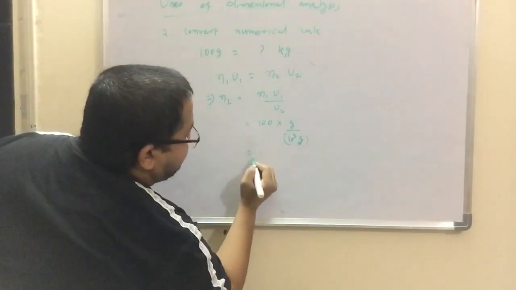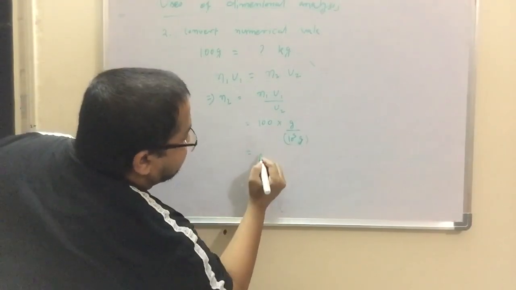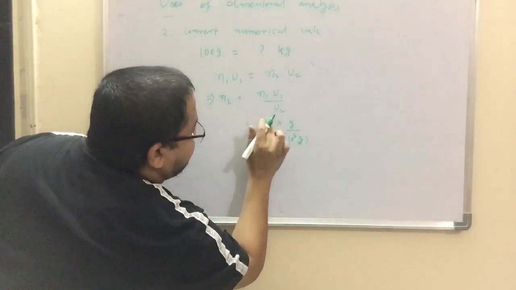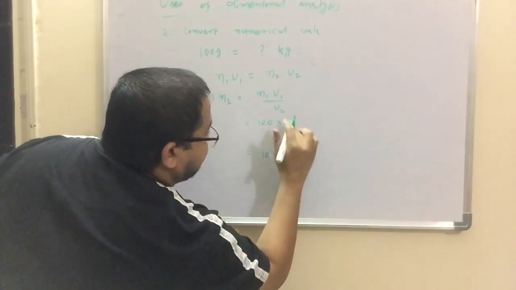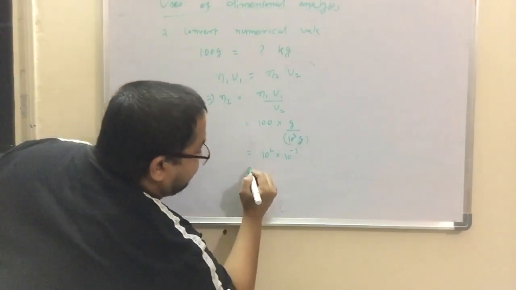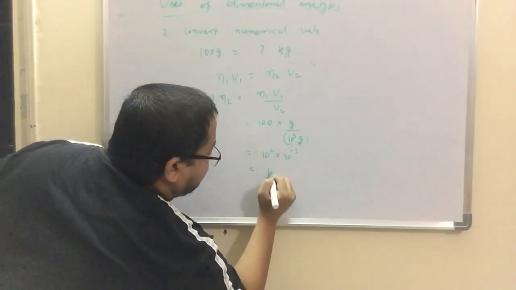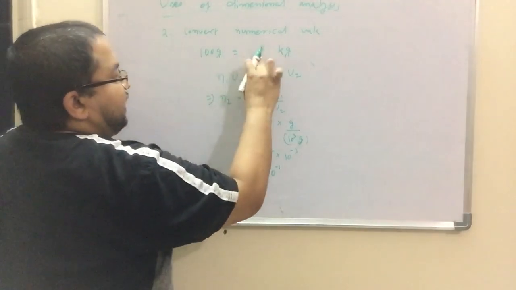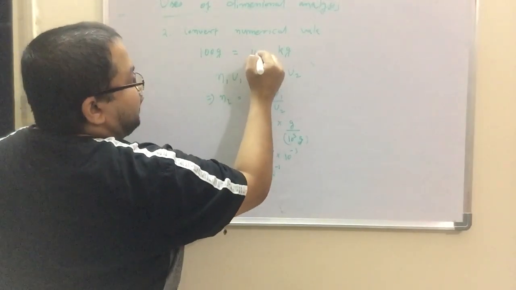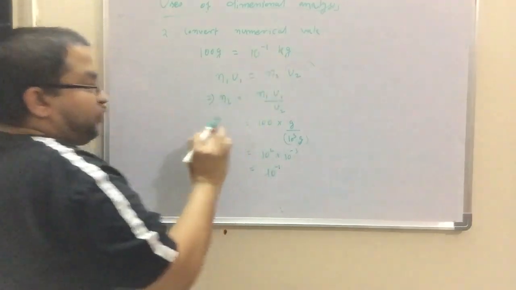So this is your 10 to the power 2 into 10 to the power minus 3, gram obviously gets cancelled, which is 10 to the power minus 1. So our answer is 100 gram equals 10 to the power minus 1 kilo.